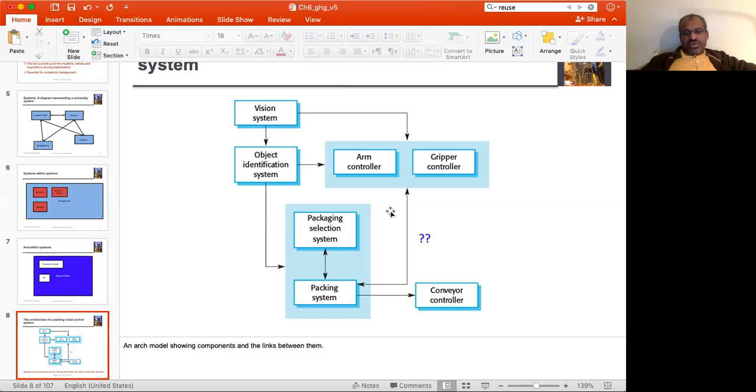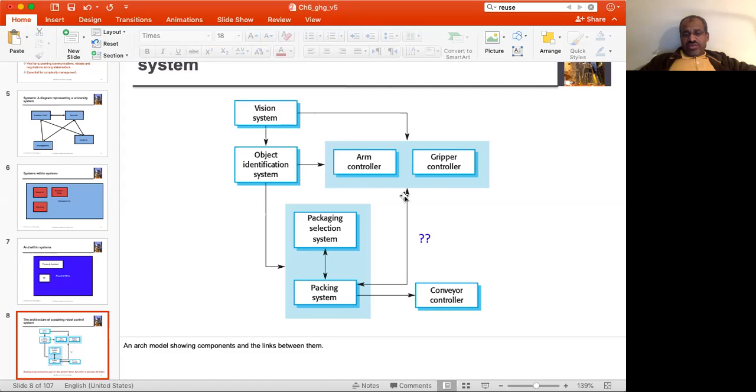We need a vision system, so it needs to be able to see things and reason about what it's seeing. It should be able to see the package that it's trying to lift and pack. It should be able to see the space of the box it's packing this thing inside, and so on and so on. So the vision system will have to interact with an object identification system. Is this a box, or is this a space, or is this a truck, maybe, things like that.